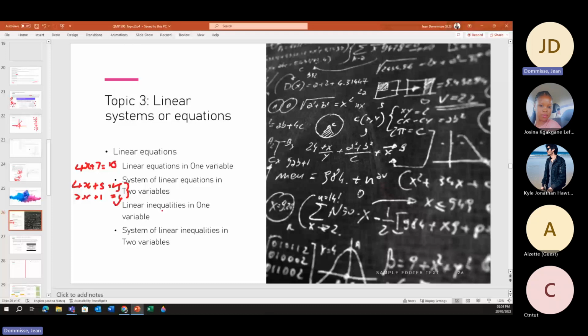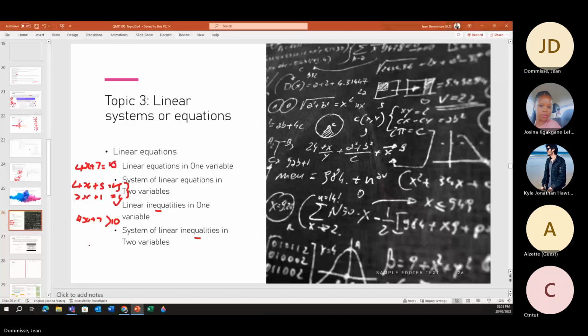So now we can say 4x plus 7 bigger than 10 is a linear inequality. And then the same would apply for systems of inequalities. What they also like to ask with systems of inequalities is sometimes linear programming that we will look at.